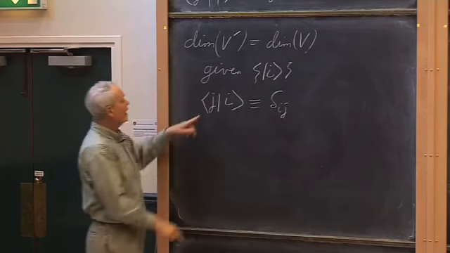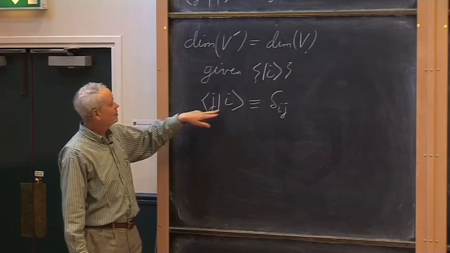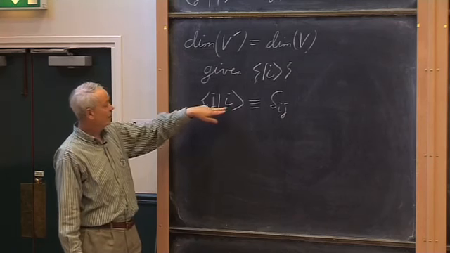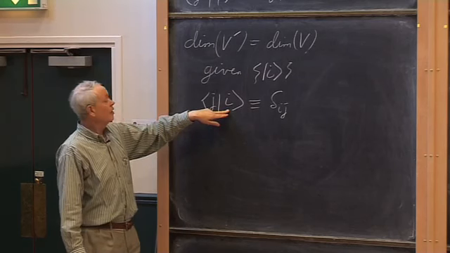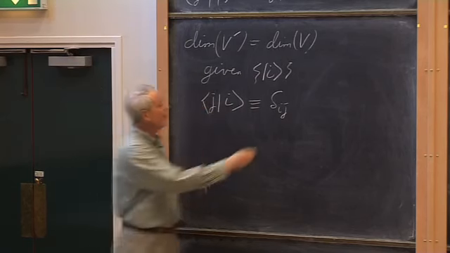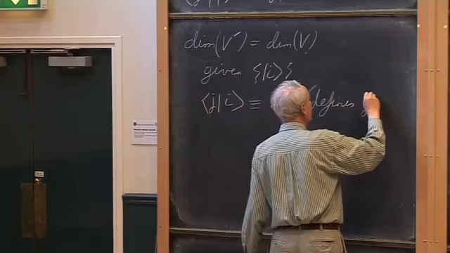So in other words, it's nothing if the label j is not equal to the label i, and it's 1 if the label j is equal to the label i, right? So this equation defines <j|, the bra j.